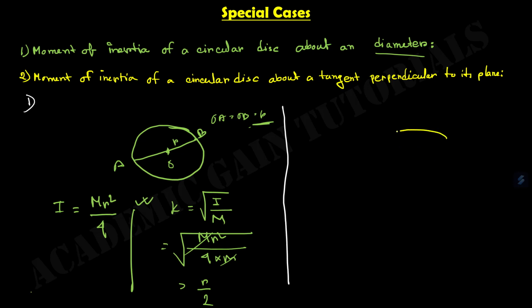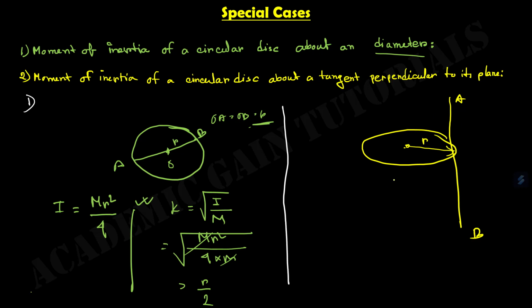Suppose this is the disc and this is the radius r. We have to draw a tangent perpendicular to this disc, so it will be like this. This is the axis, our AB axis. We have to find the moment of inertia about this AB axis.